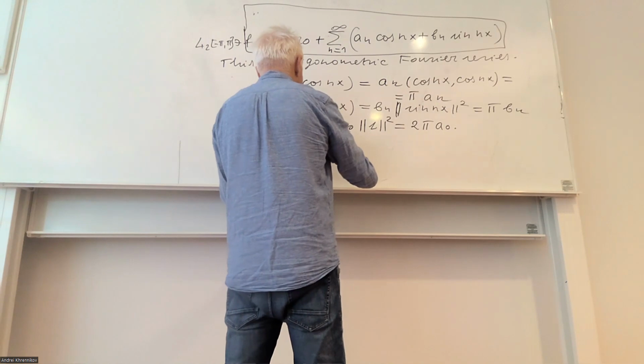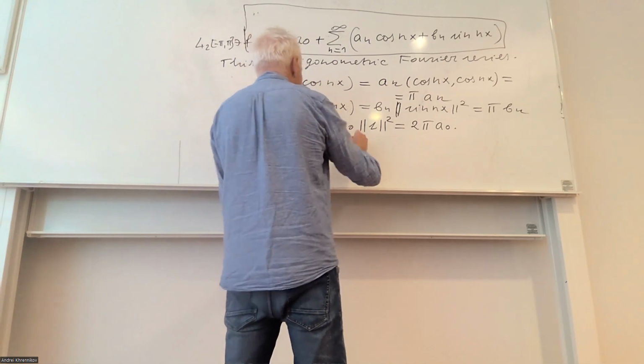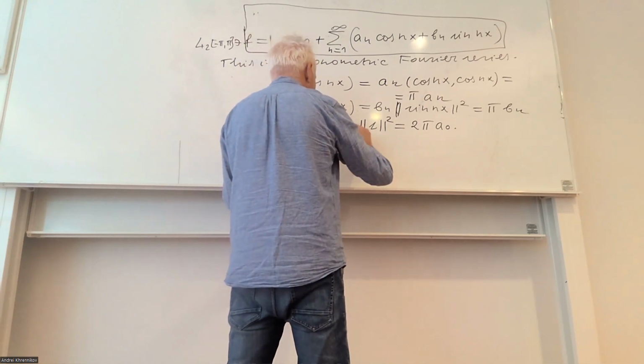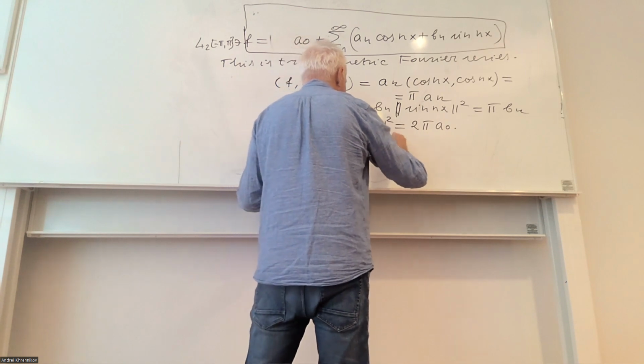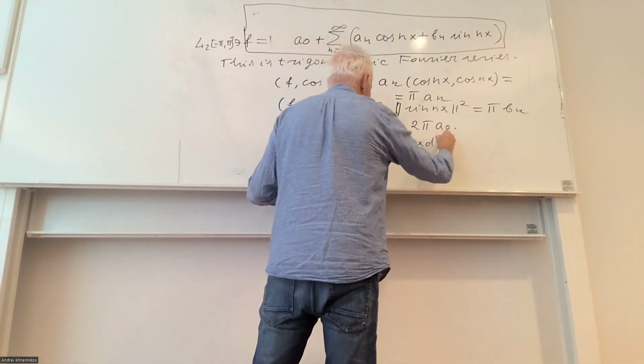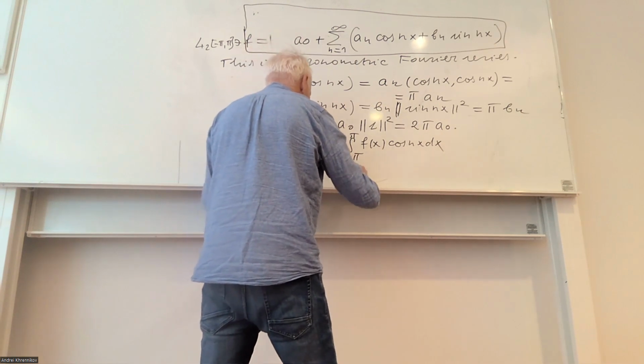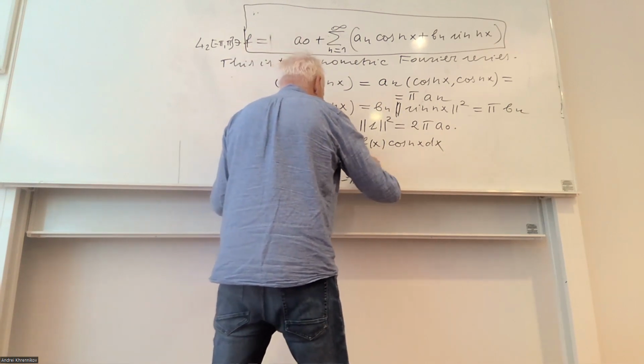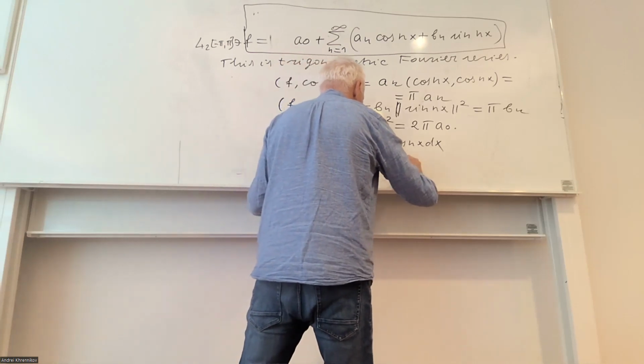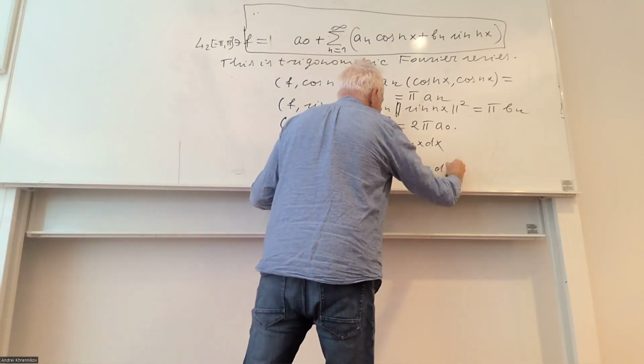So an is 1 over pi times the integral of f(x) cosine nx dx. bn is again 1 over pi times the integral of f(x) sine nx dx.